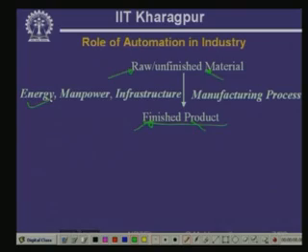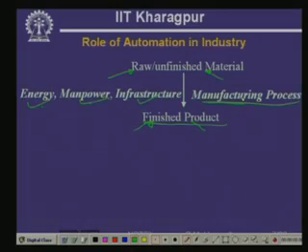How does it do that? For doing that, it requires several things. For example, it requires energy, it requires manpower, and it requires infrastructure of various kinds. It requires land, it requires equipment, it requires water, power, etc. So, all these I have categorized into three different types: energy, manpower, and infrastructure.